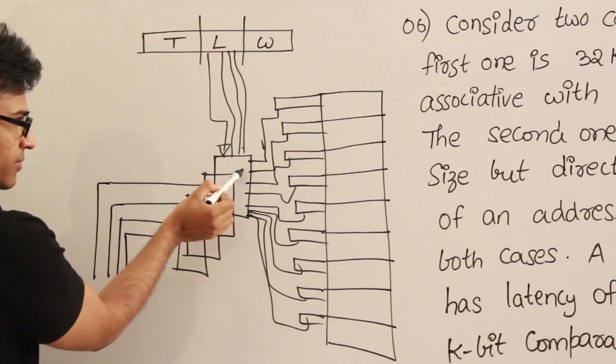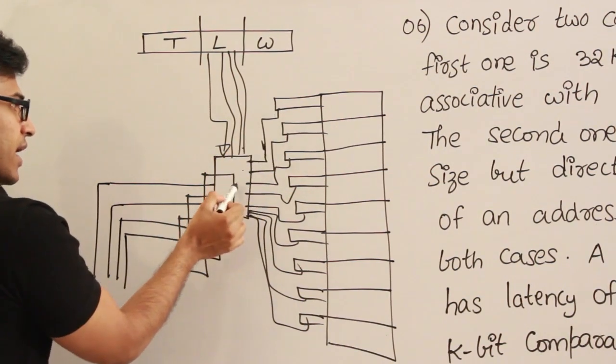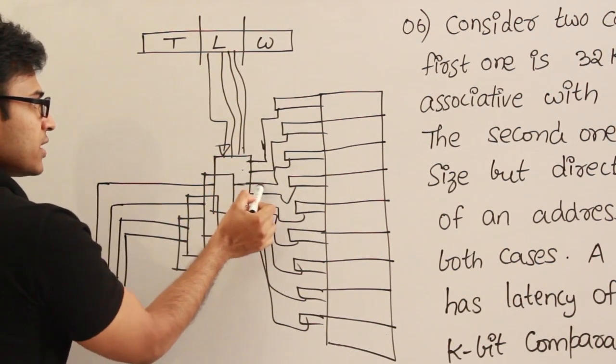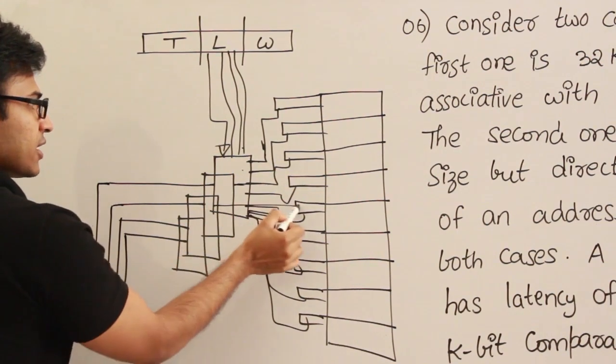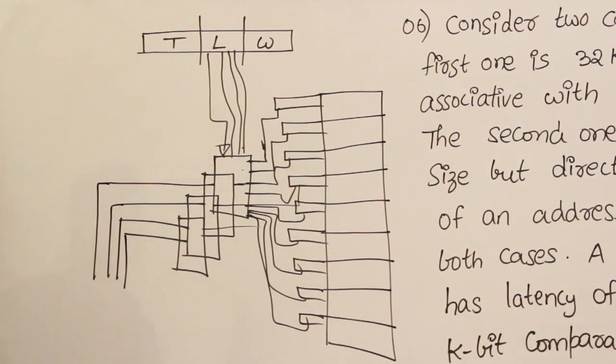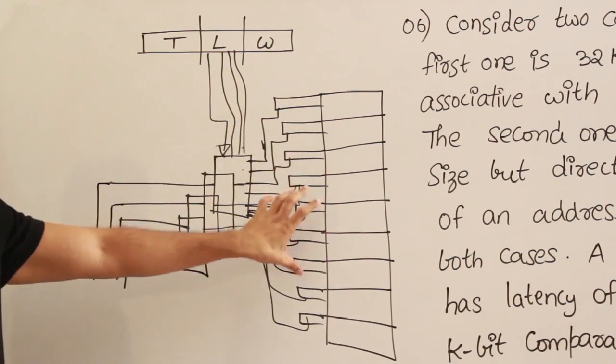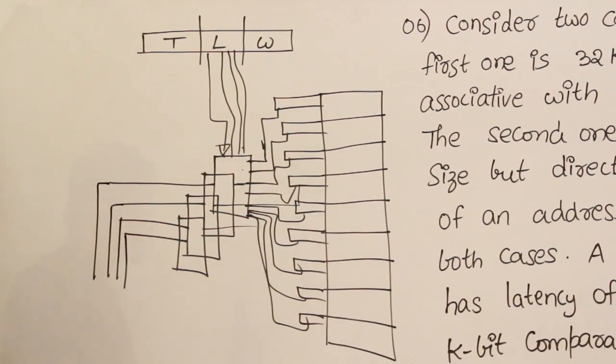For example, the first multiplexer can be configured to read the first bit of the tag, the second one the second bit, the third one the third bit, like this. Everything is configured in such a way that we can go and get some particular bit in the tag.